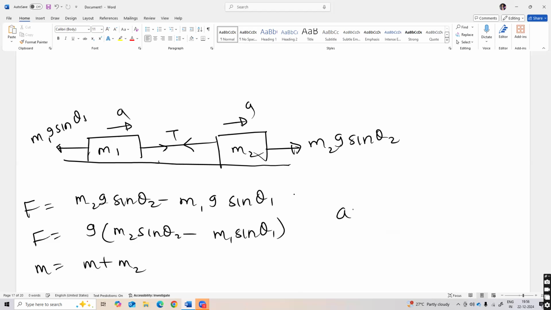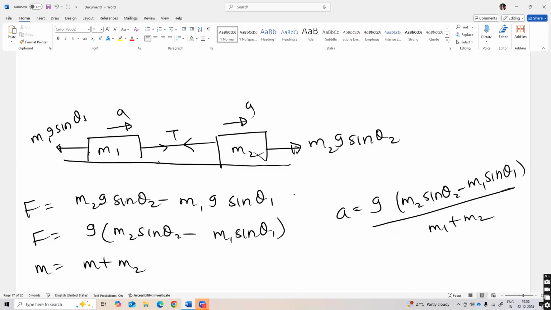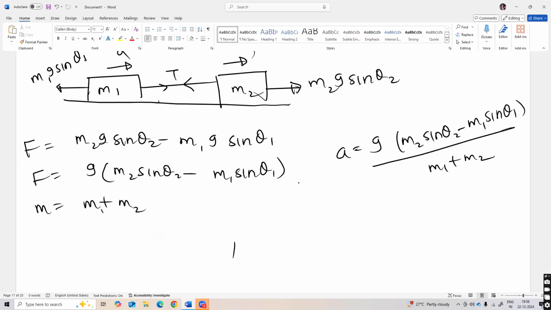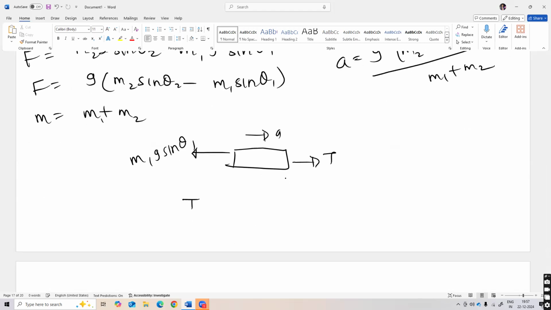So acceleration here we got is g(m2 sin theta 2 minus m1 sin theta 1) divided by m1 plus m2. Now let's consider the free body diagram of the first mass. In this there is tension T acting there, then there is acceleration a, and there is force m1 g sin theta 1. So if we balance this, we will get T minus m1 g sin theta 1 is equal to ma.